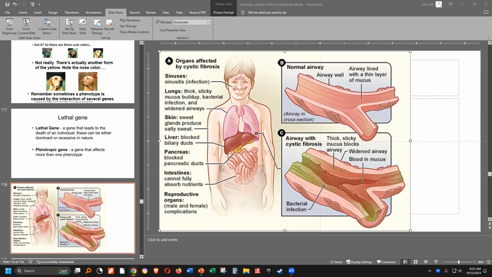Particularly in the lungs. Over time, cystic fibrosis will cause the bronchioles and the alveoli in the lungs to fill with mucus, which they cannot remove because of how thick it is, and that eventually leads to the person's death, right?